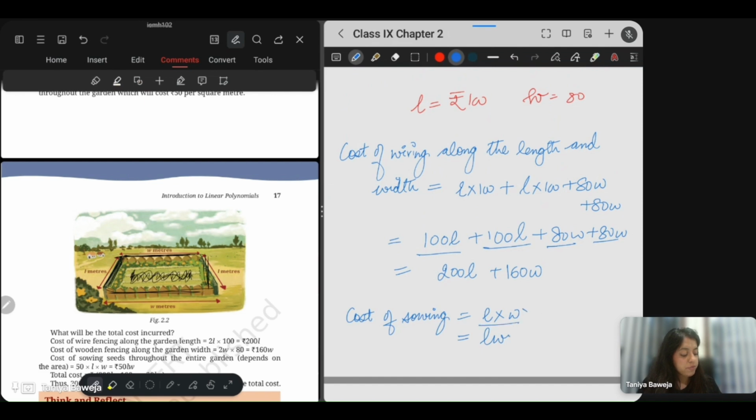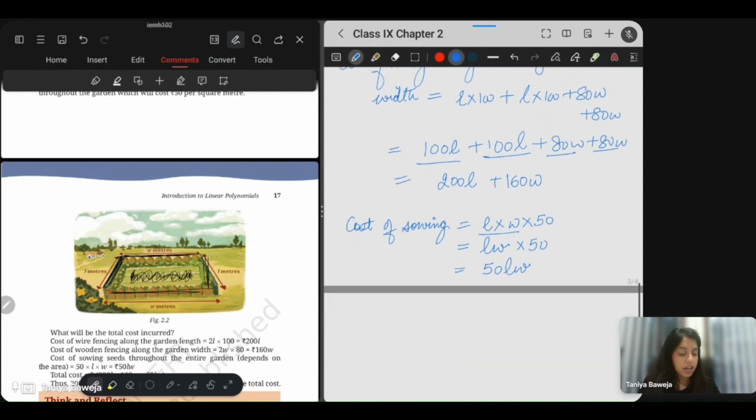The area has to be multiplied by 50 to find out the cost. So our total cost for sowing will be 50LW. So that means our total cost of both fencing and sowing would be 200L plus 160W plus 50LW.